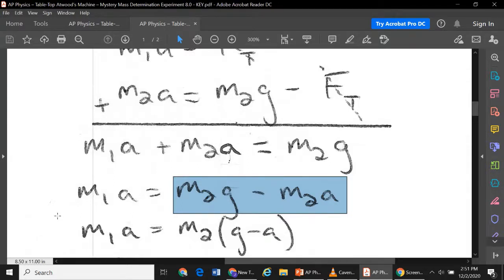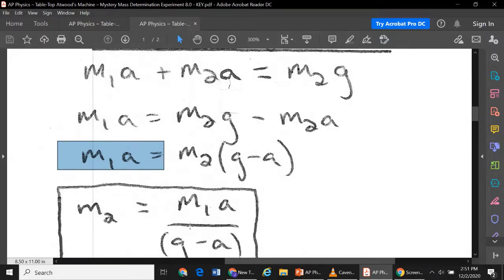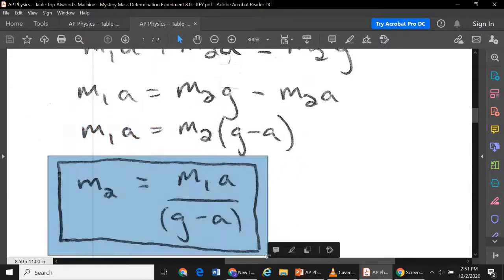And then, of course, I still have m1a over here on the left side. Now all I have to do to solve this for m2 is divide by the term g minus a. And when I divide by the term g minus a, now I've got my equation fully solved for m2. That's m2 equals m1a over g minus a. And that's it. That's my equation for m2.